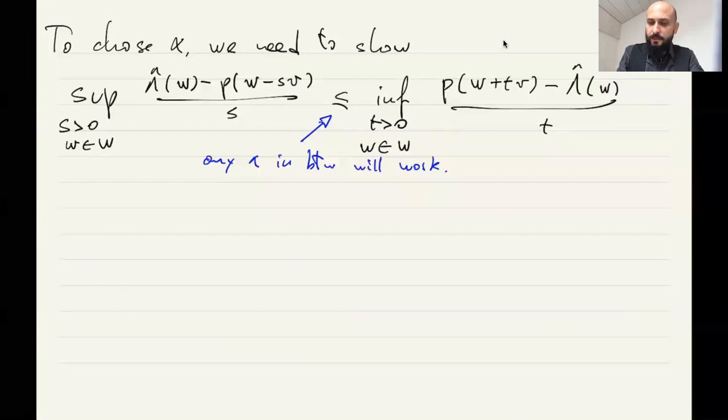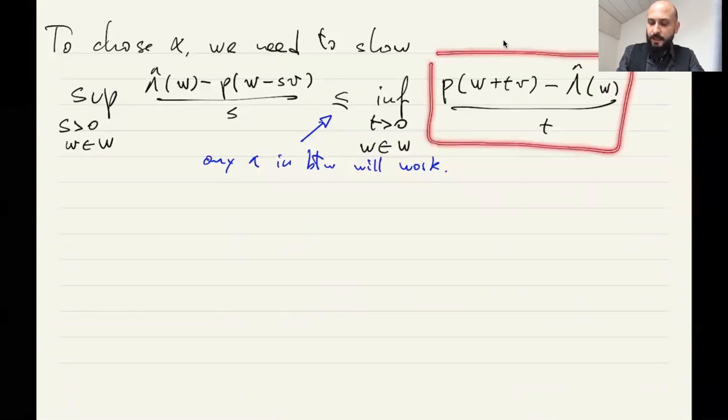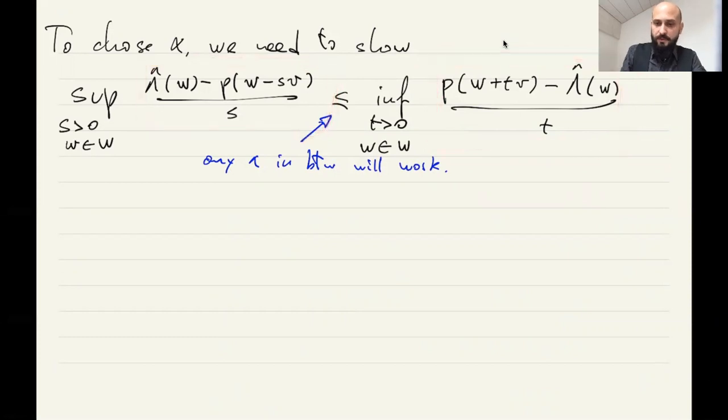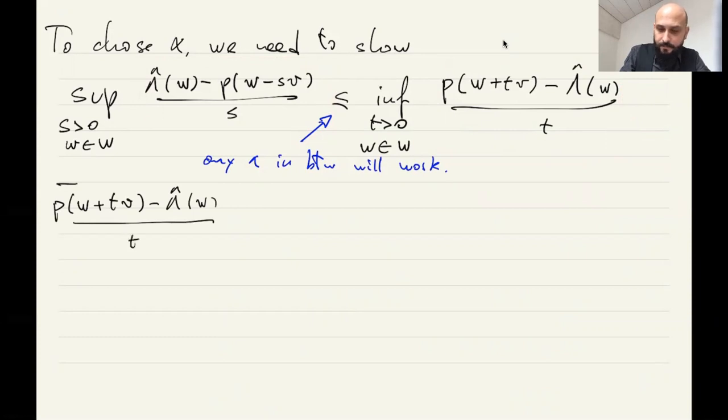So what we will do now, we'll take an arbitrary element of this. We will take one arbitrary t, remove one arbitrary s, and show that this is a quantity that is always positive. So p of w plus tv minus lambda hat w, divided by t, minus, now we will remove another arbitrary one, but of course I cannot call it w anymore.